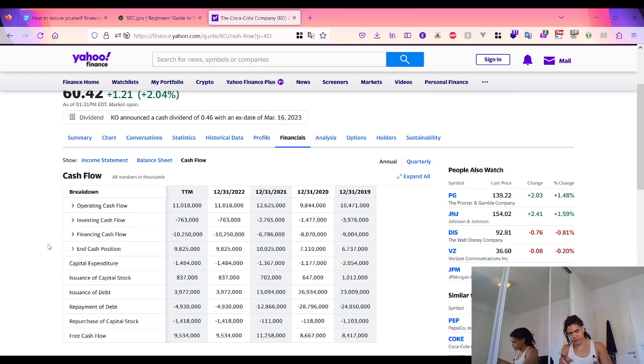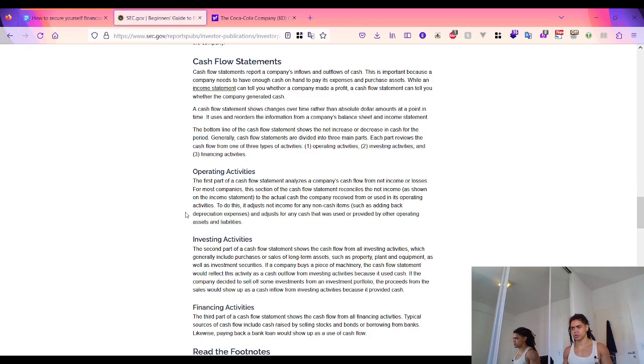And to do this, it adjusts the net income for any non-cash items that affect the income statement, but there is no cash involved.